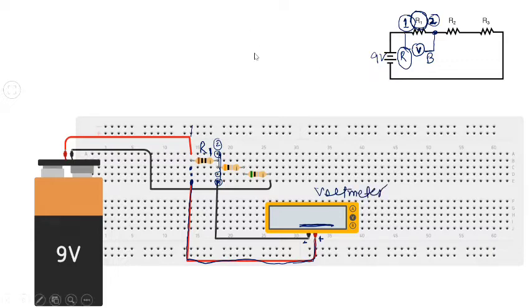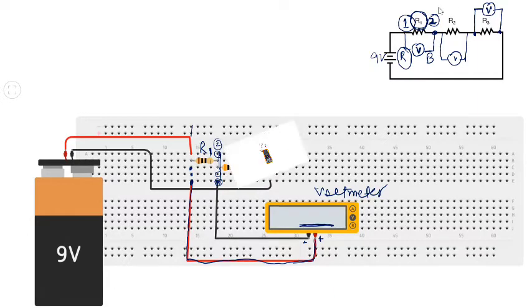And these steps can be easily repeated for resistances R2 and R3. Fine. If you want to measure voltage across resistance R3, what you are going to do is connect the voltmeter in this fashion, and it will give you the voltage across resistance R3.